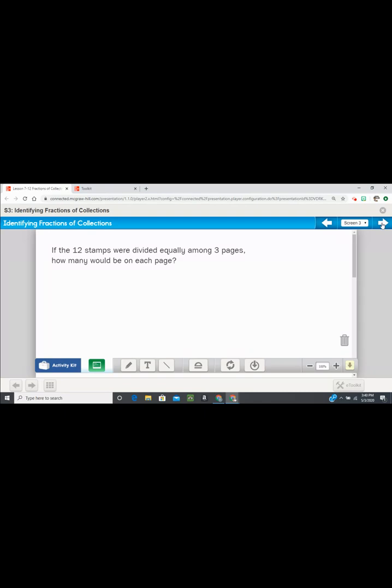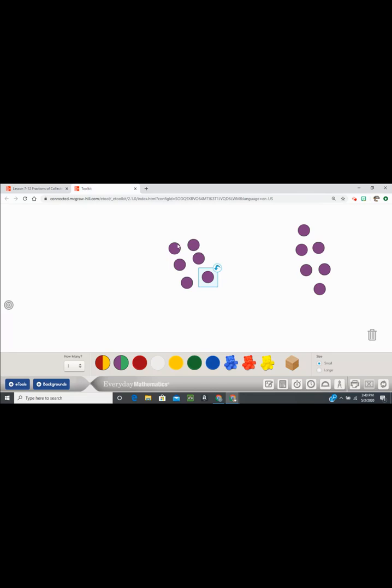Let's look at this question here. If we had those same 12 stamps, but this time we divided them among 3 pages, how many would we have now? Well, going back to our counters, we can make 3 groups this time. 1 here. Let's do 1 here. And we'll move these out of the way, and have our last group right here.